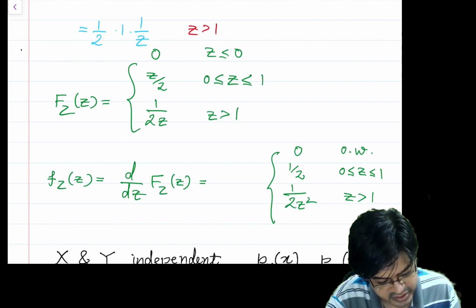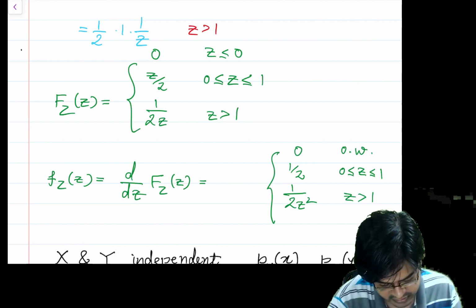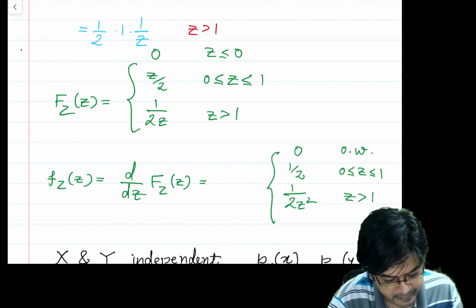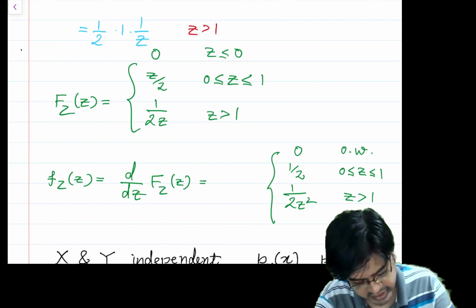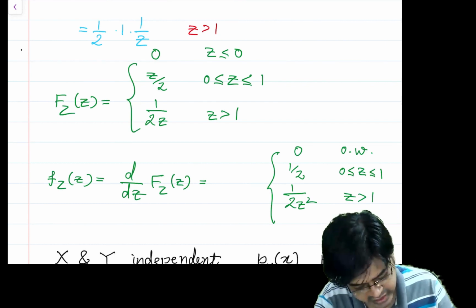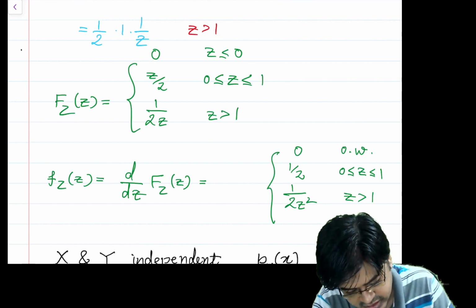Okay, just check once again that 1 by 2 times 1 by z raised to minus 1, differentiation of that will give me minus 1 by 2 z square. So am I missing something? One by 2 z square. Let us verify by integrating this over the range, so that I will be double sure that I am not making any mistake.